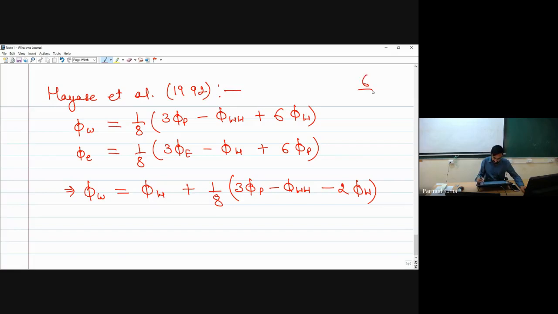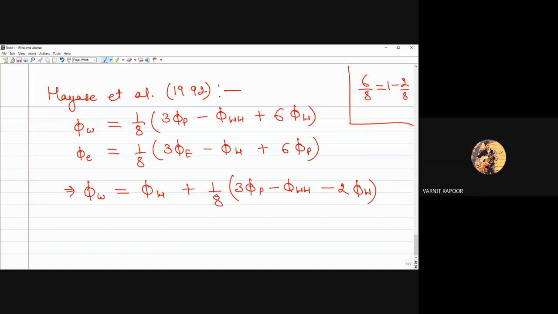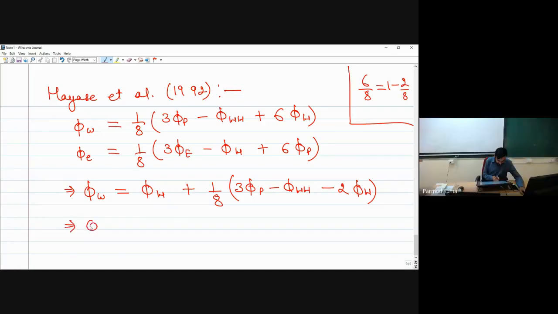So this 6 by 8 over here, I have written as 1 minus 2 by 8. This point is clear? Yes, sir. Similarly, can I write phi E equal to phi P plus 1 by 8 into 3 phi E minus phi W minus 2 phi P?